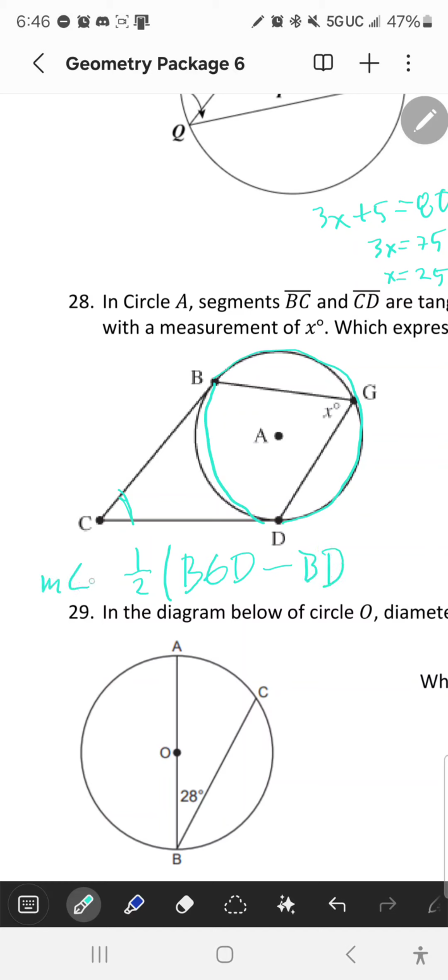Now, this is the measure of C. How do we get the arcs? That's the real question. So let's go step by step.